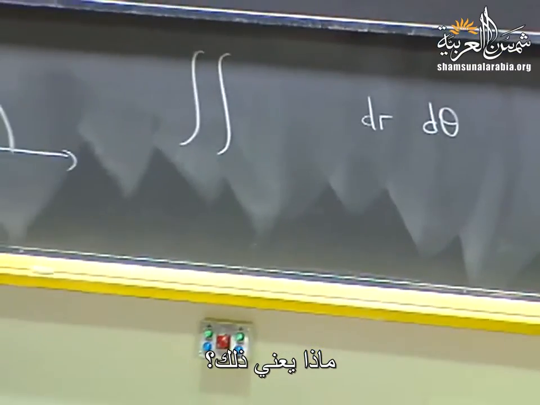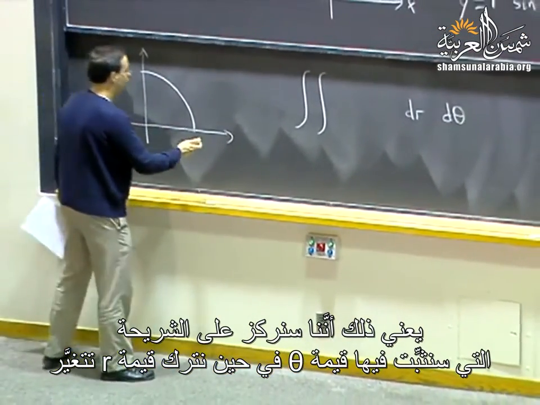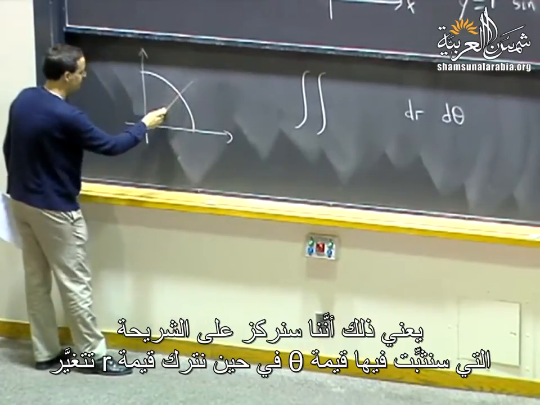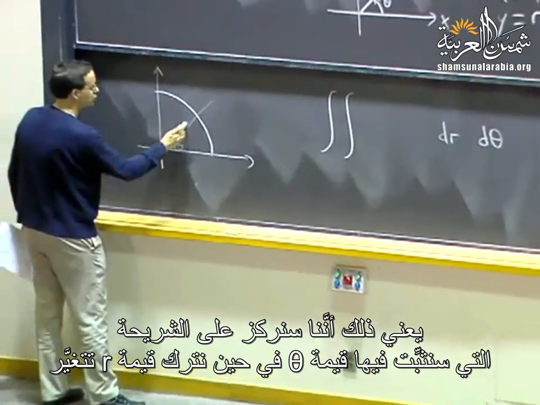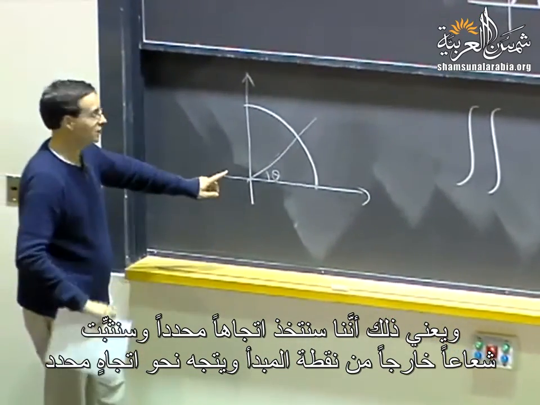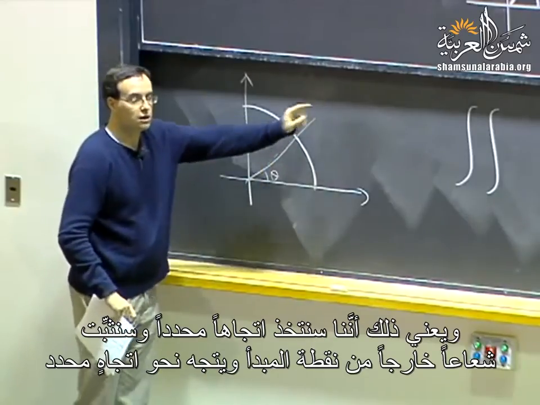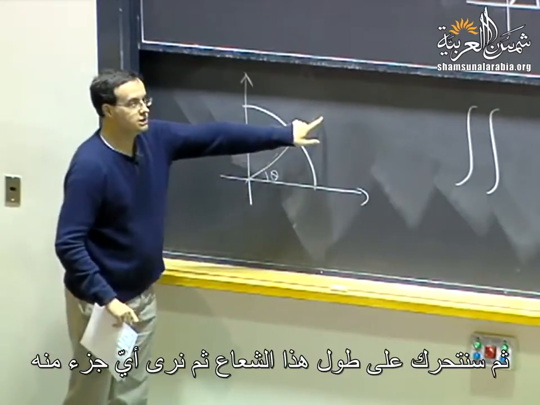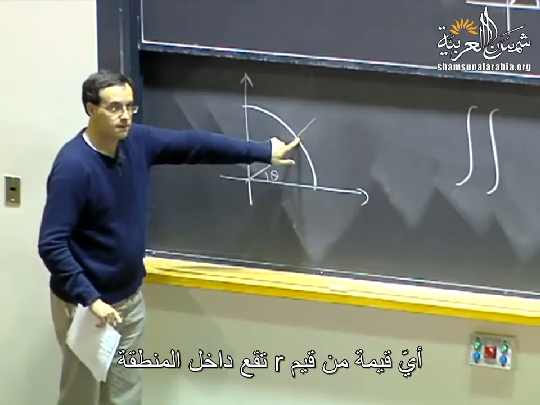So what does that mean? It means that we will first focus on a slice where we fix the value of theta. And we'll let r vary. So that means we fix a direction, we fix a ray out from the origin in a certain direction. And we'll travel along this ray and see which part of it, which values of r are in our region.